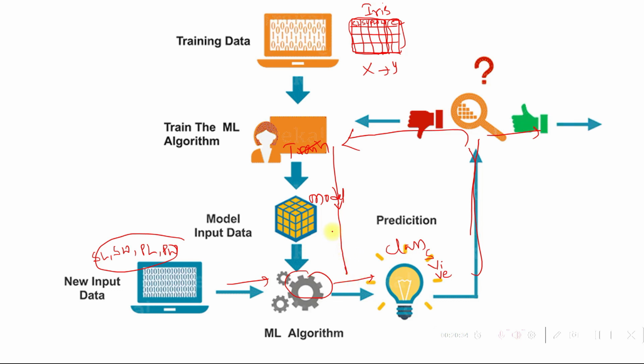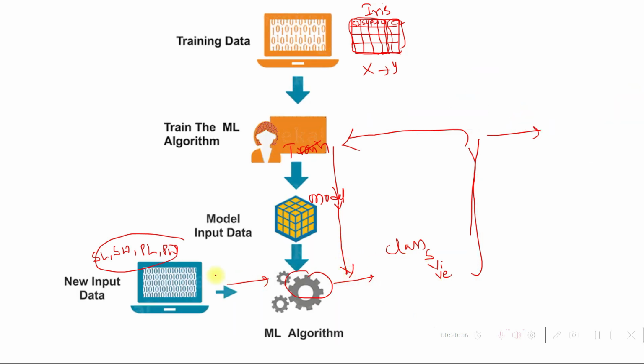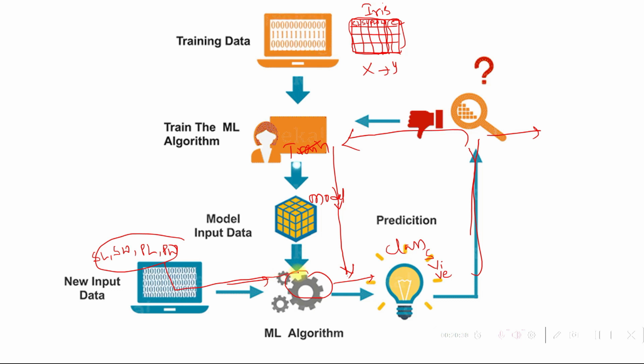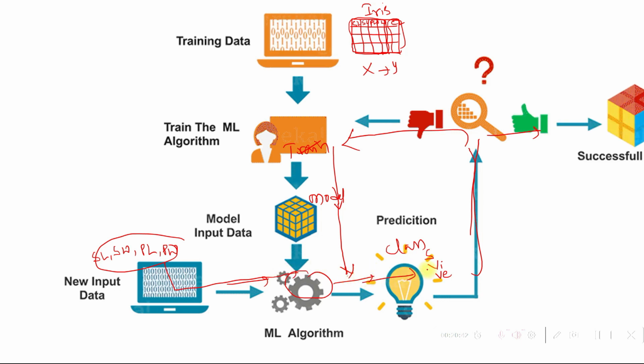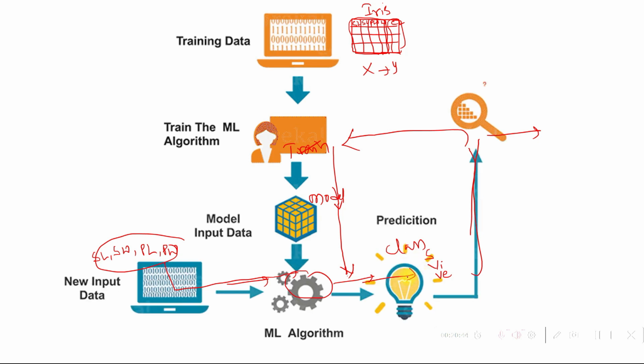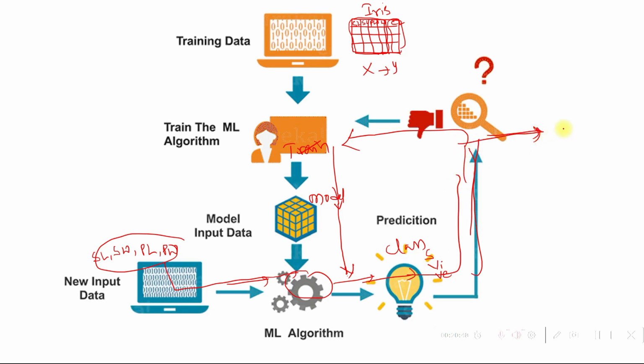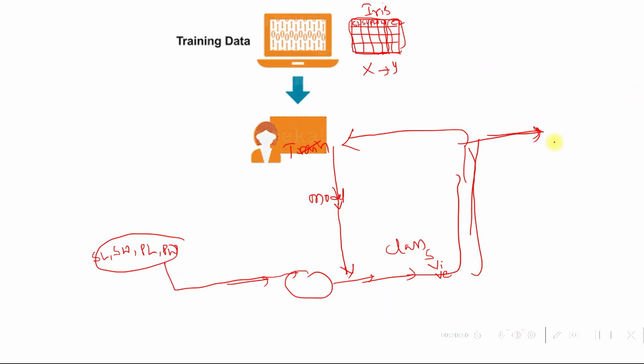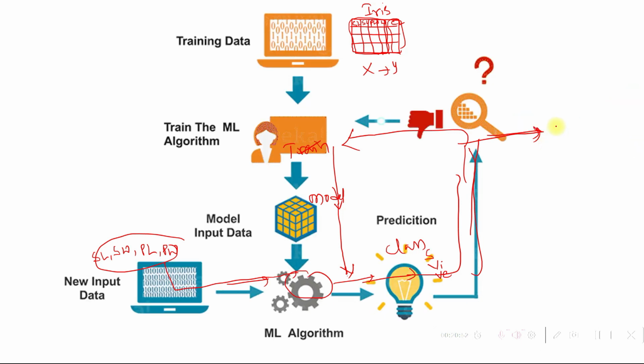Now we are generating a new model. For this new model, once again we give new input data, and that model predicts the corresponding output. This process continues until you find a better, correct classification algorithm. This process is called machine learning.